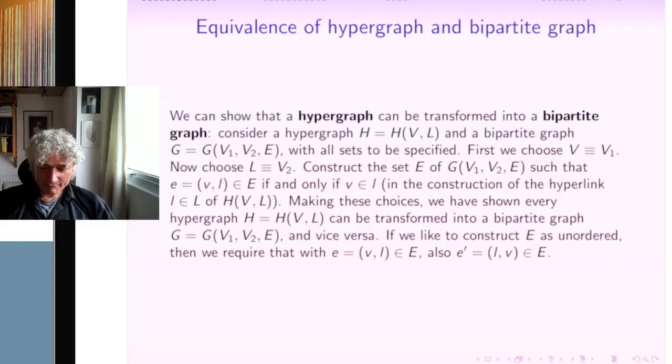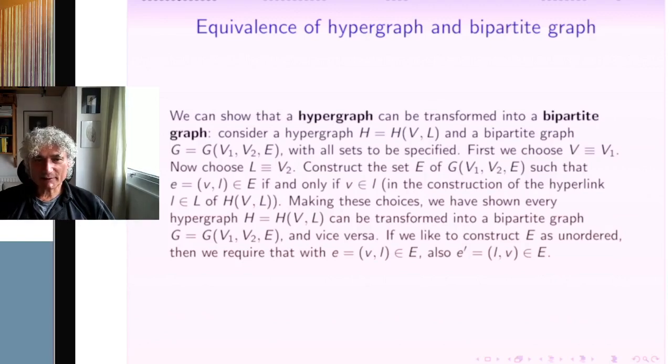When you have this kind of set theoretic construction where V is an element of a particular hyperlink L, small l, then it doesn't actually matter whether you draw this as an edge or as an arrow, because you have two sets, and if one is the set of basic objects, then you just draw a normal edge, not an arrow, if this is an element of a hyperlink.